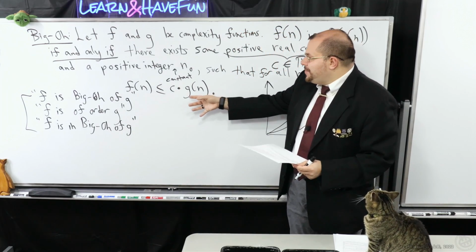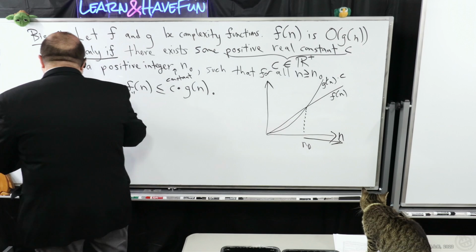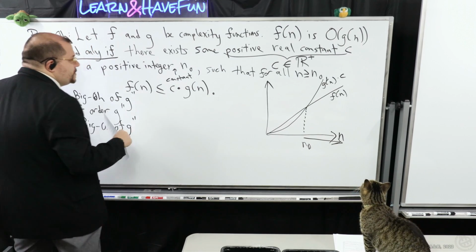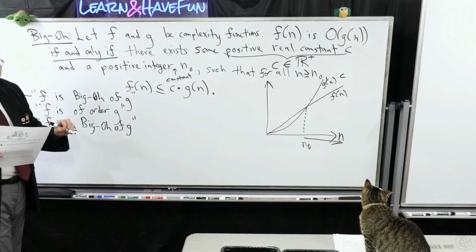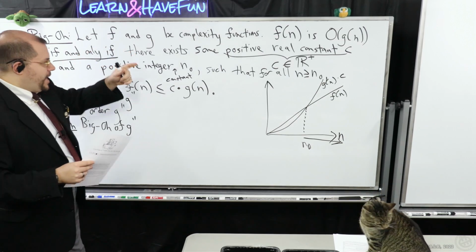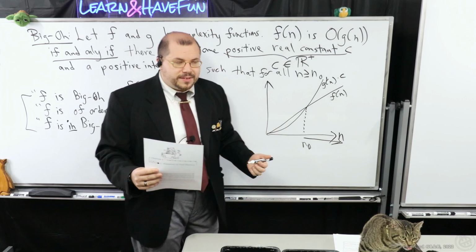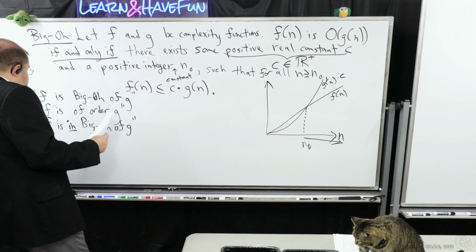So first thing, I use this phrase "in" right here as opposed to just "is". There's actually a literal meaning for why I'm saying that. It's because when you write big O notation like that, it actually represents a set of complexity functions. So what do I mean by that?